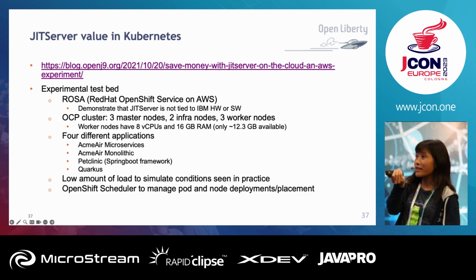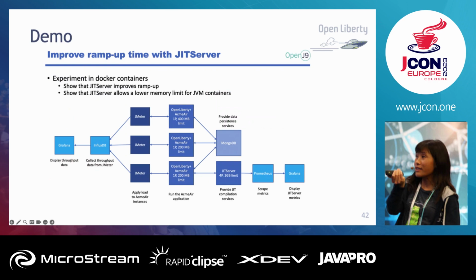We simulated the load and used the OpenShift scheduler to manage the pods. The outcome in all of these applications is that the JIT server performed really well and improved the startup time and ramp up time.